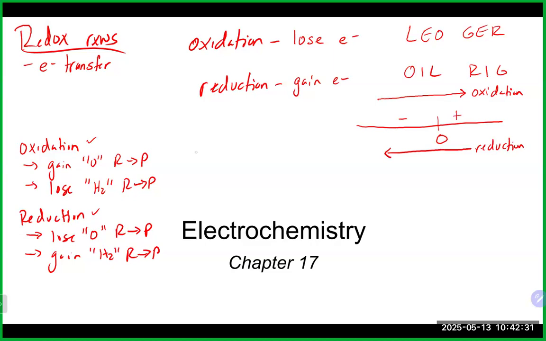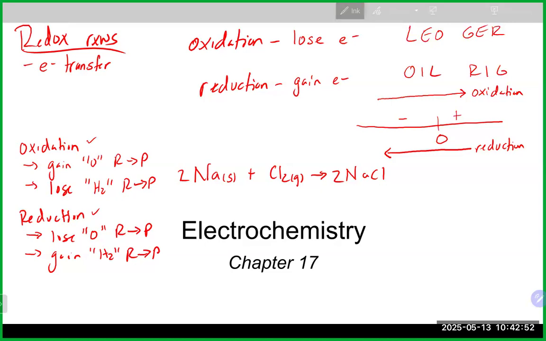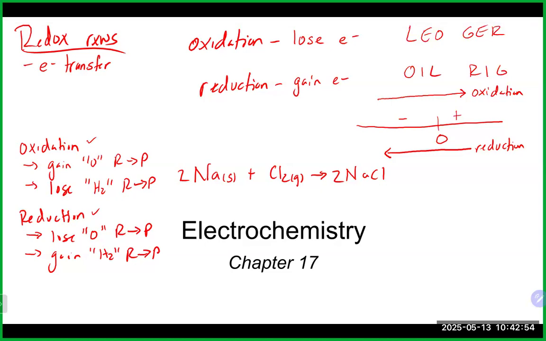So for example, if we took some sodium metal and we took a little chlorine gas and we put it together in a combination or synthesis reaction to make sodium chloride here. This is a redox reaction that's occurring. Again, if we look at the oxidation state, as we'll talk about shortly, it's not necessarily the charge that things have, but it's similar.